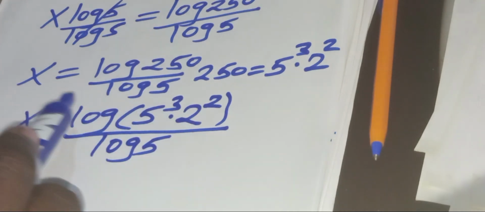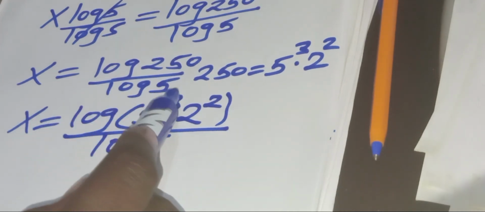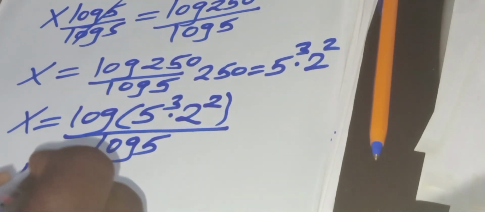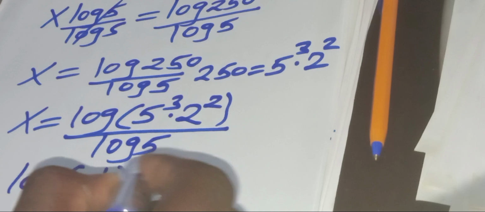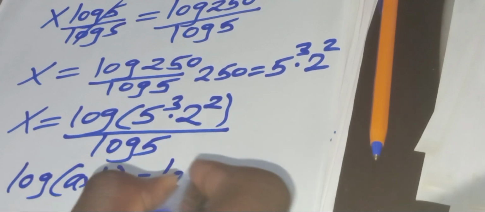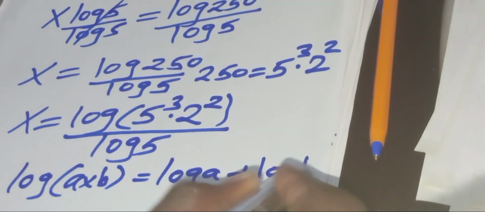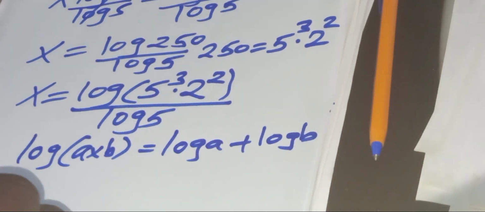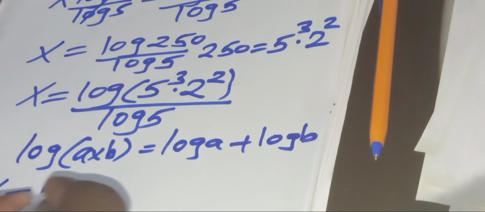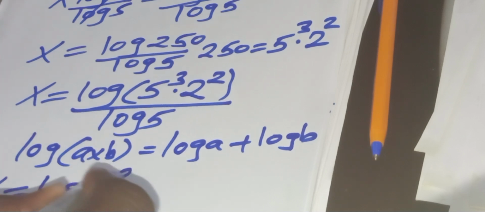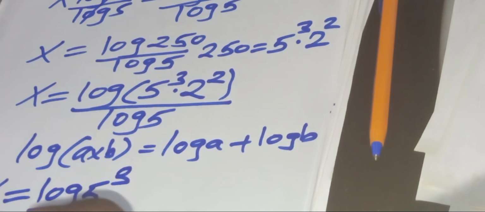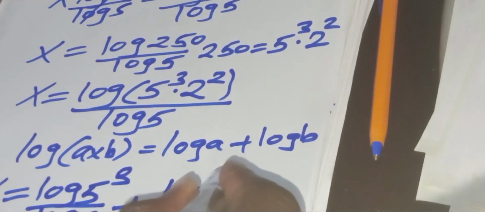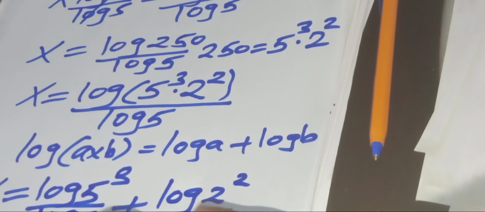Now, as you can see, this is in the form of log a multiplied by b, which you can express as log a plus log b. Now, applying this property, we'll have x is equal to log 5 to the power 3 divided by log 5 plus log 2 to the power 2 divided by log 5.